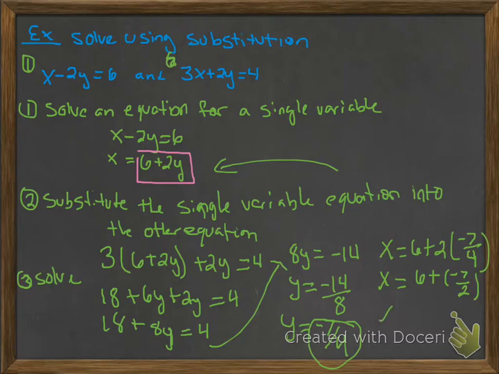And when we solve this out, x is equal to 5.5. And so my point is 5.5, negative 7/4. And this is the point that they will meet at, or they'll intersect.